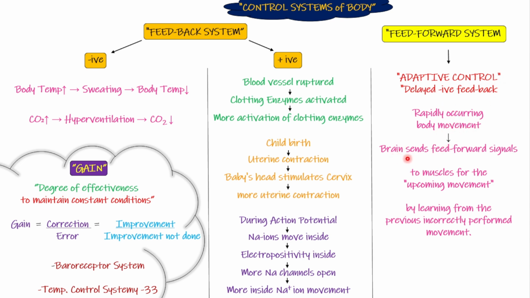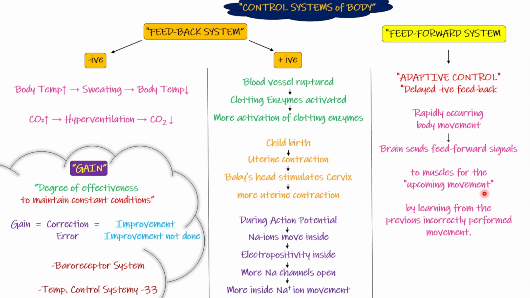Now what happens is that the brain sends feed-forward signals to the muscles for the upcoming movement. The movement hasn't occurred yet, the turn hasn't arrived yet, the change hasn't arrived yet, but it's going to occur. So the brain is sending feed-forward signals to muscles for the upcoming movement. But how does the body know that it has to tilt to the right before the movement?